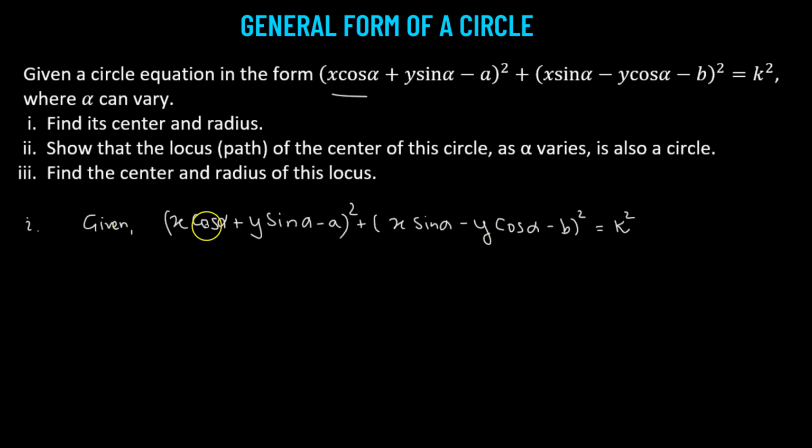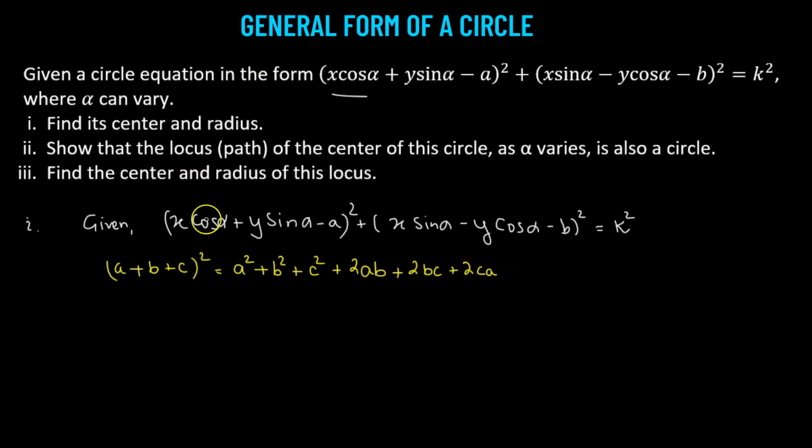Here we have the form (a plus b plus c) whole squared. When we expand, the expansion is going to be of the form a squared plus b squared plus c squared plus 2ab plus 2bc plus 2ca.